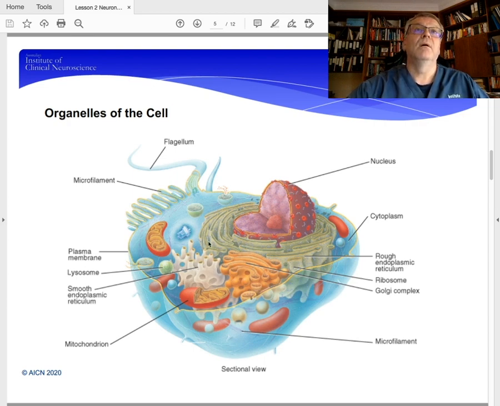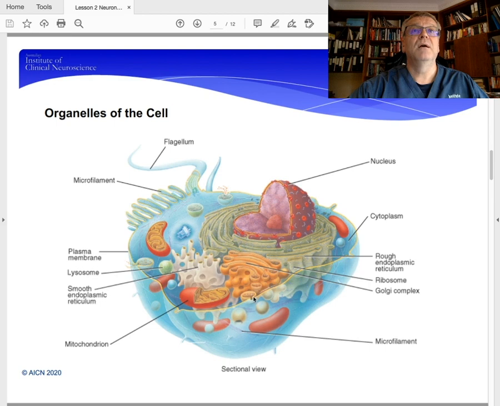There are membranes surrounding the mitochondria, and we'll learn about these in future lessons in a lot more detail. And then there are membrane structures known as the Golgi complex and the smooth endoplasmic reticulum, which are involved in transporting a variety of things throughout the cell, modifying chemical structures.